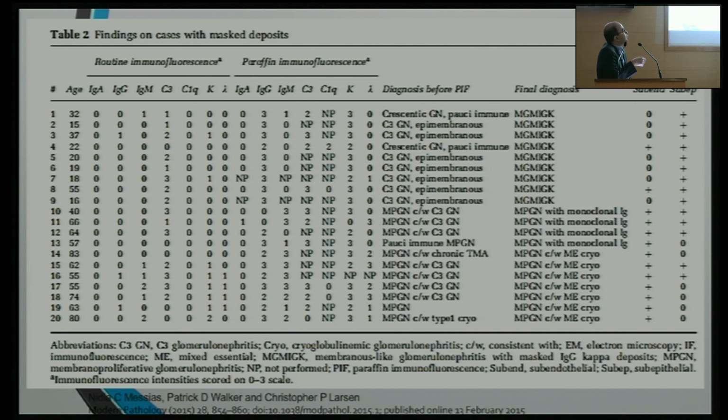But when paraffin immunofluorescence was done, many of these C3GN turned out to be membranous-like glomerulopathy with monoclonal IgG kappa deposit. Many with an MPGN versus C3GN diagnosis turned out to be essential mixed cryoglobulinemia, and a few MPGN also turned out to be MPGN with monoclonal IgG. So these were the cases where there was a significant change in the diagnosis because of paraffin immunofluorescence.